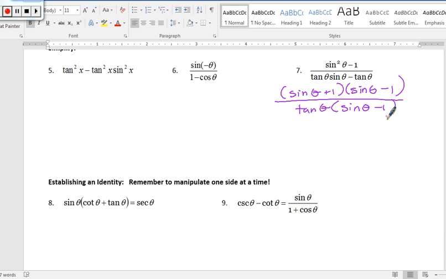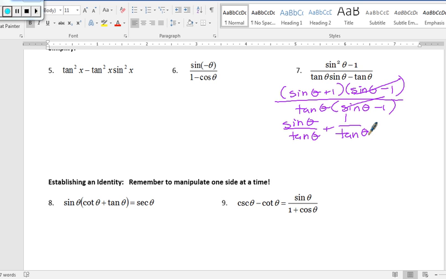So what I notice at this point here are those two cancel out. They're the same in the numerator and denominator. At this point, this is over the same trig function there. So I'm going to separate them out. Okay, 1 over tan theta.